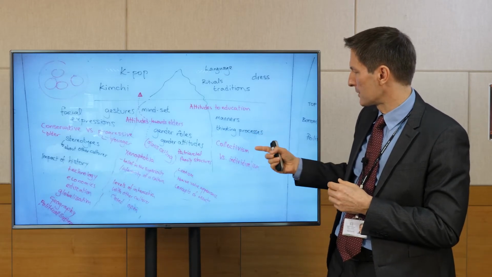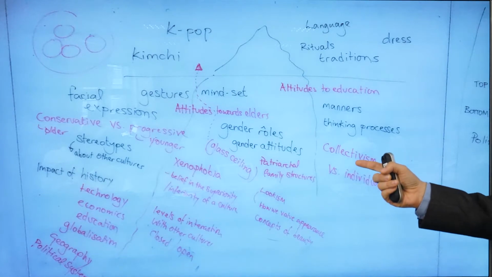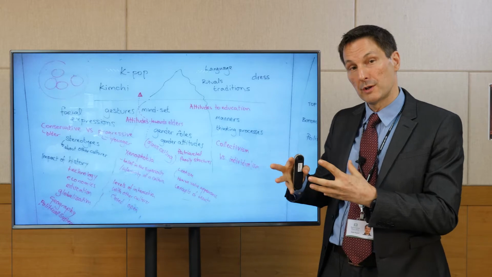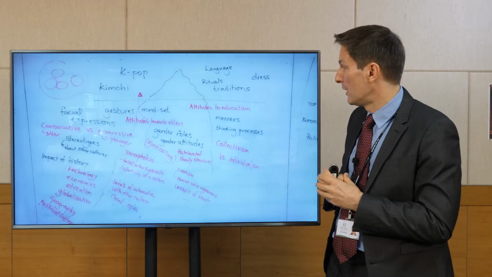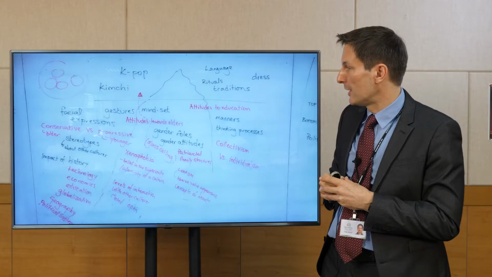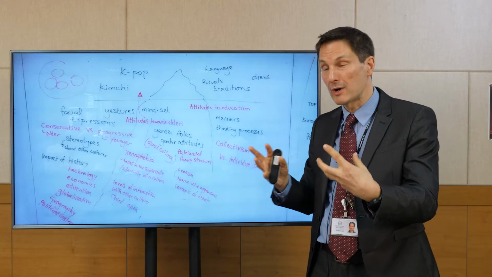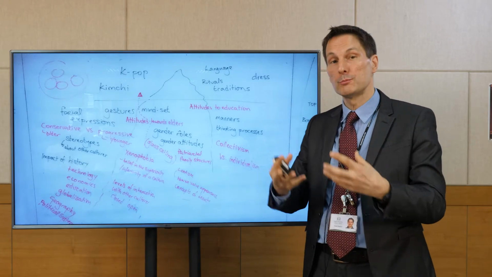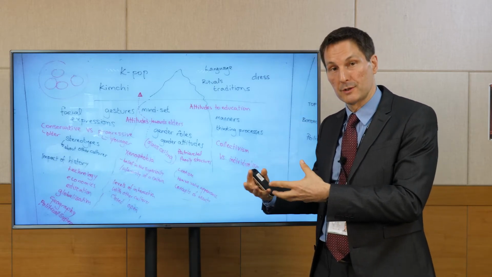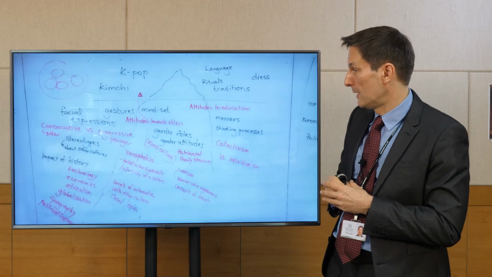They talked about, for example, the difference between collectivism and individualism when they're comparing Korean and American culture. They talked about attitudes towards elders in Korea. They talked about the difference in age ranges between the older, more conservative population in Korea and the slightly more progressive, younger people in the country.